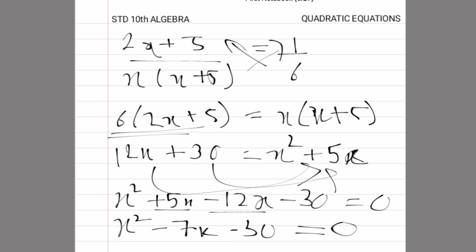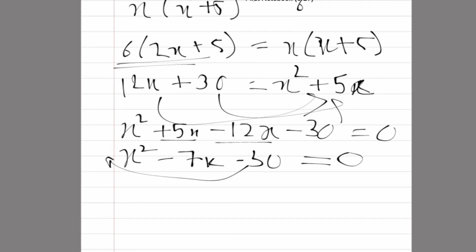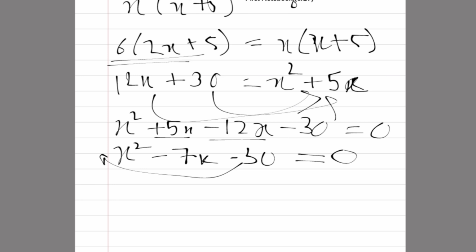Multiplying the first and the last coefficients, we get 30, and we need to find factors of 30 such that we get the 7 in between. The factors of 30 are 10 into 3. So if we subtract 10 and 3, we will get 7, right?